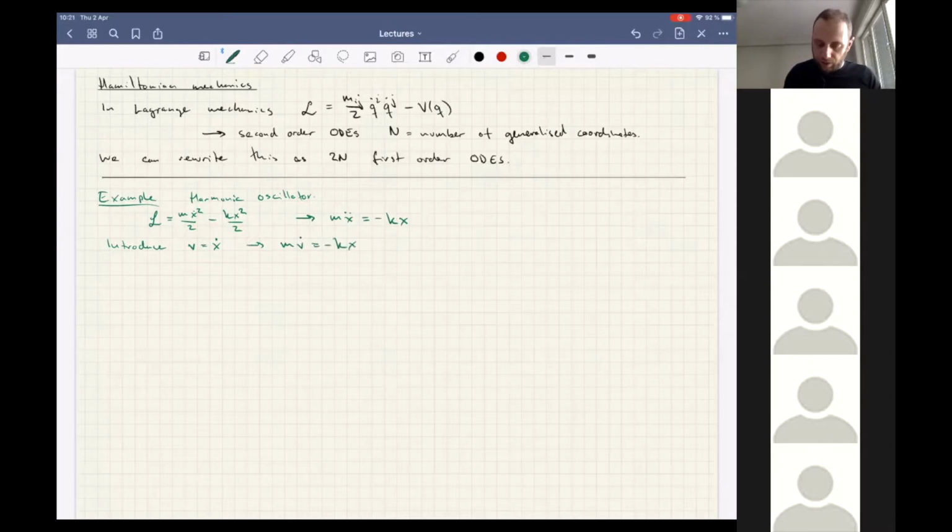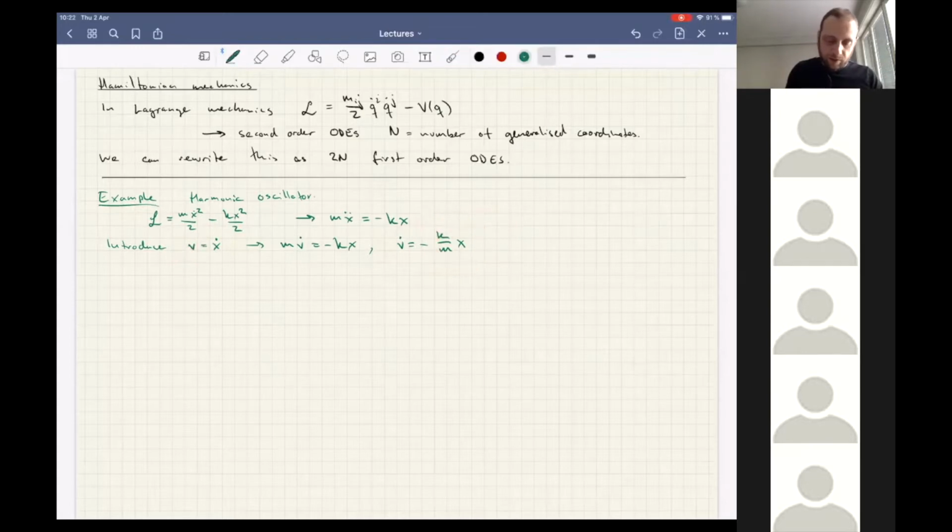Or, solving for v dot, v dot is minus k over m times x. So my system of two first order equations are those two. I have expressed the first order time derivative of x and of v in terms of both v and x.